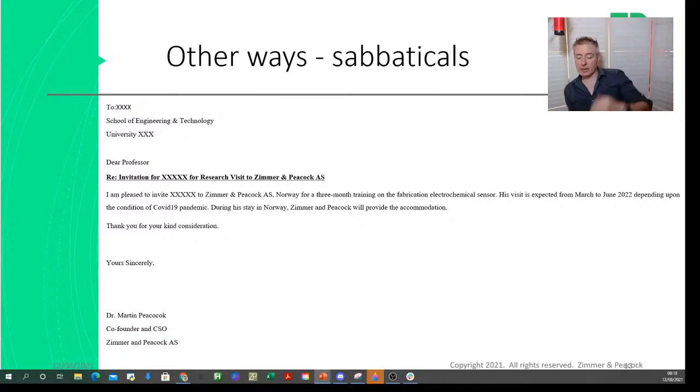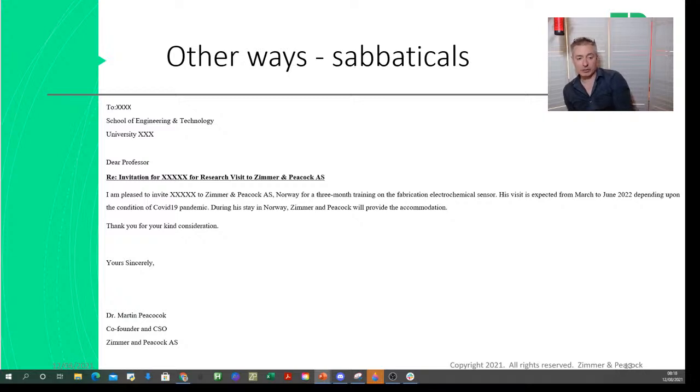So what I'm describing are ways of essentially getting your foot in the door with us, and this is the sabbatical way. The RSC way is great because the RSC will fund your sabbatical. This way, his university is going to pay his salary, but we're going to pay his accommodation, so Zimmer Peacock will support you.